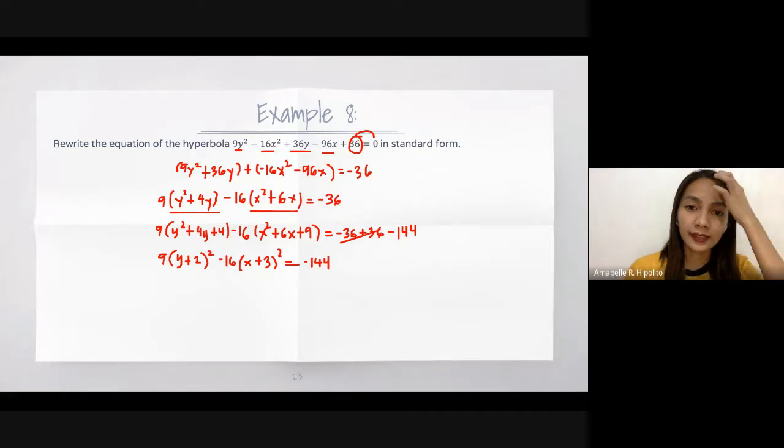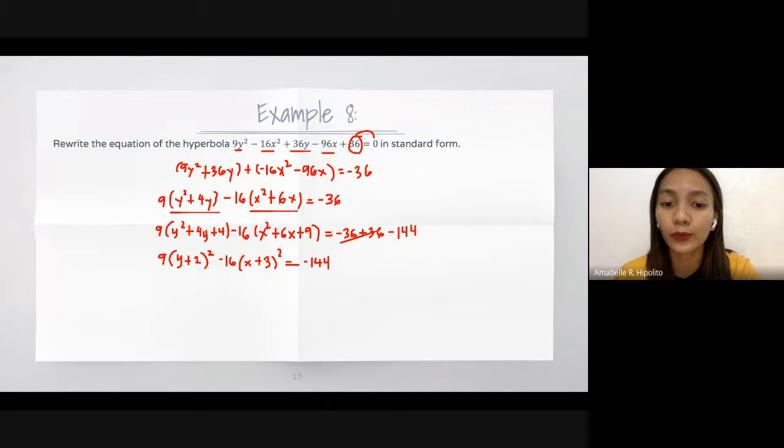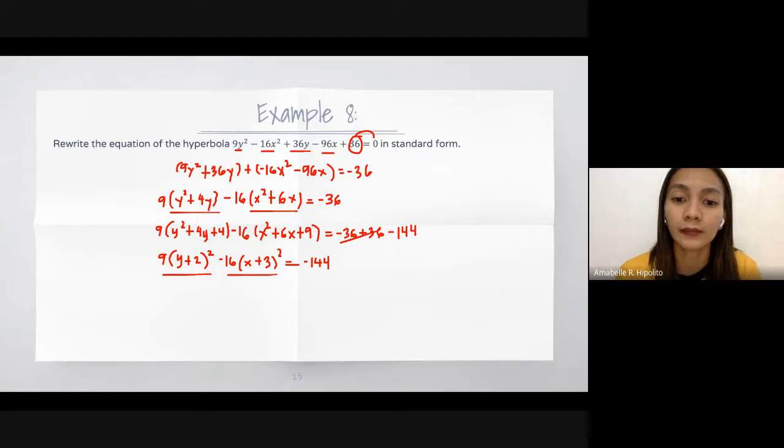Next, we're going to divide both sides, both equation by the constant, which is negative 144. Ito yung constant number natin dyan. So, i-divide natin yan, lahat yan by negative 144. Para maging 1 na dito sa kabila. So, negative 144 and negative 144.